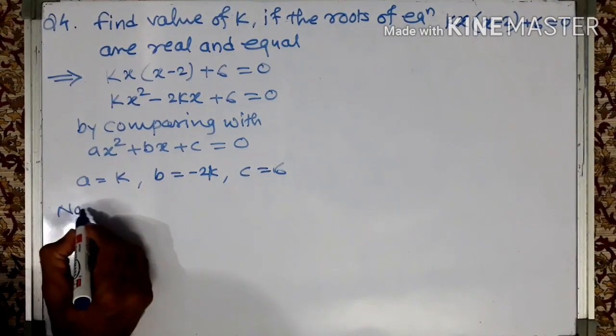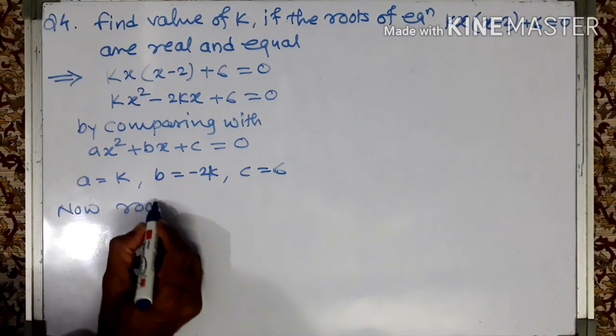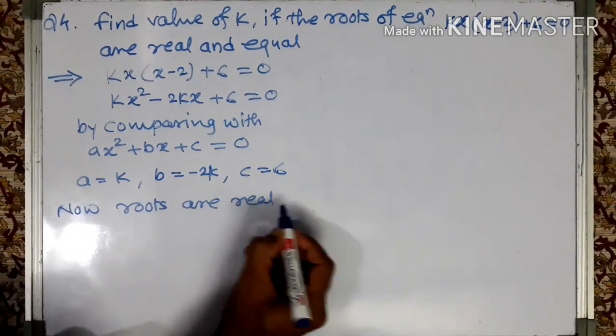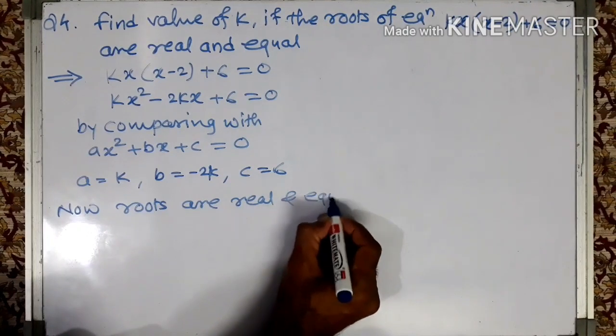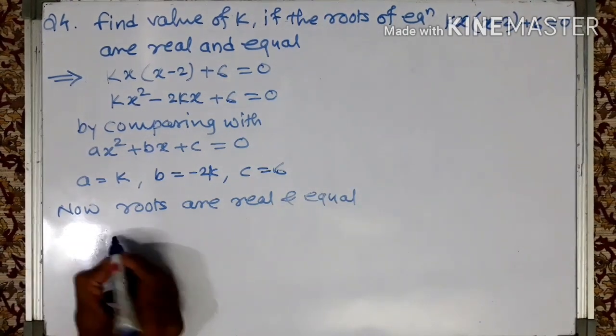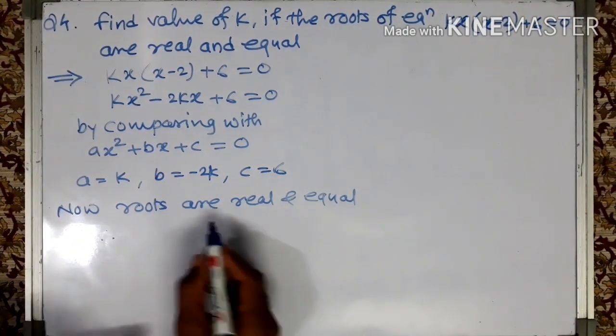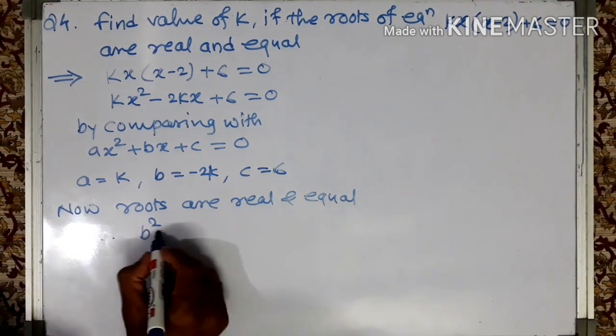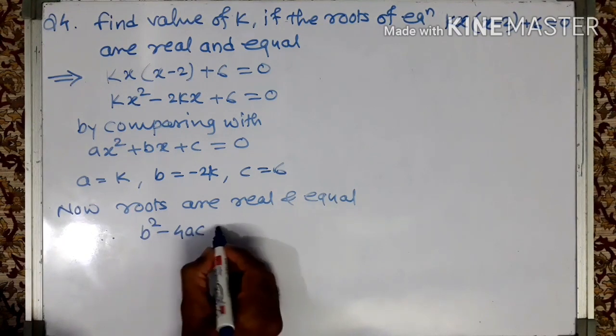Now roots are real and equal. Therefore म्हणजे जर क्वाड्रेटिक इक्वेशनचे रूट्स रियल आणि इक्वल असतील तर व्हॅल्यू ऑफ डिस्क्रिमिनंट इक्वल्स टू 0.